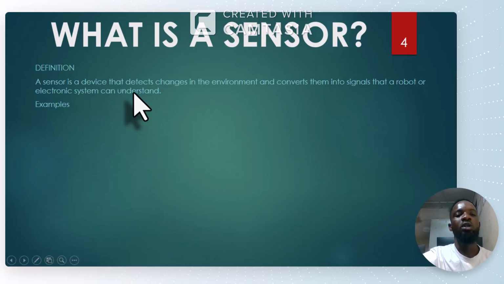Very good. Now, having seen the definition of a sensor, let us move to the examples of sensors. Is that okay? So before we start mentioning, has someone ever come across an example or read a book and maybe came across examples of sensors?